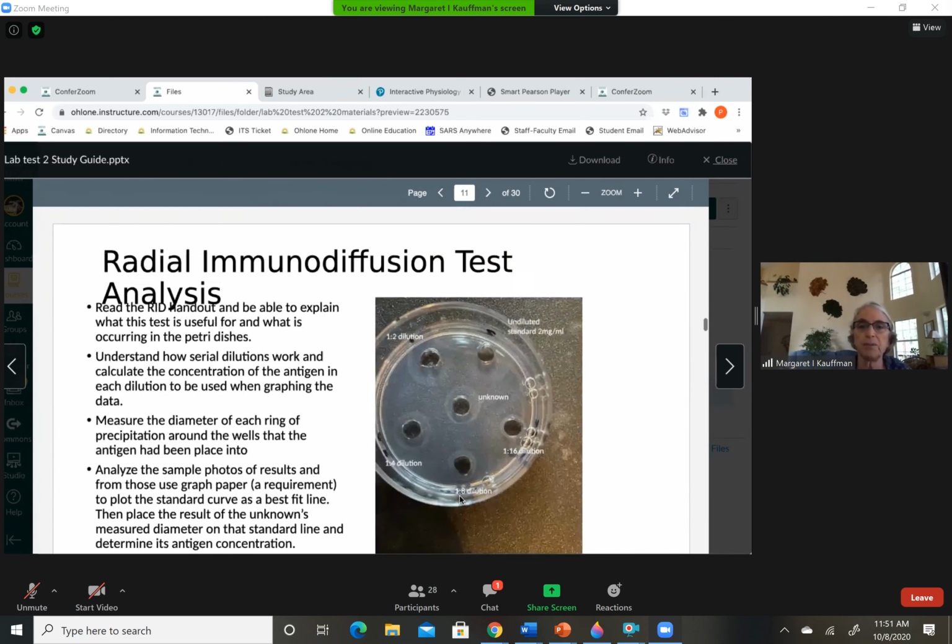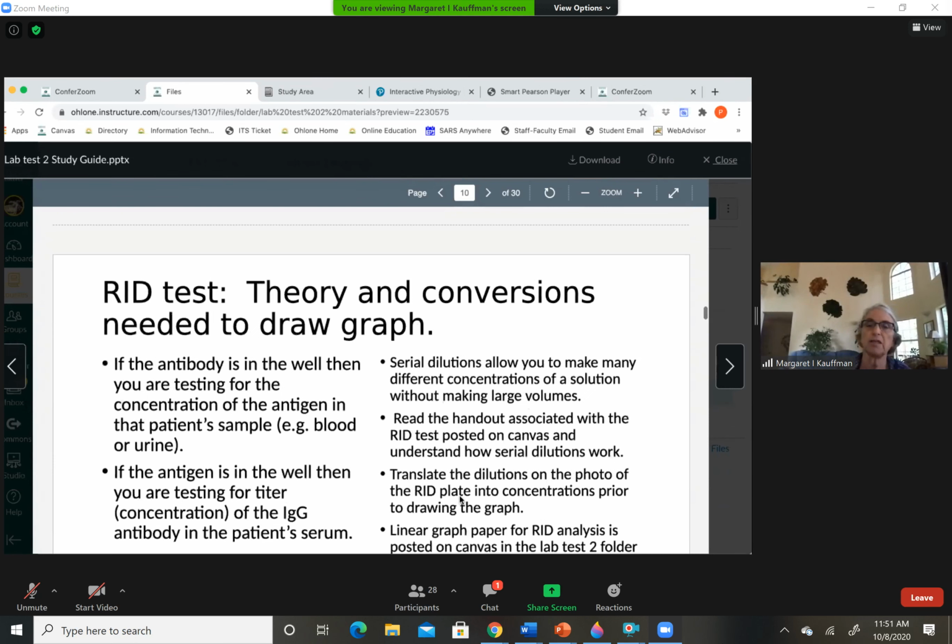Now, there's a lot of misunderstanding about how to go about doing this, so make sure you read the handout carefully. If there are questions about that, we can discuss them on Tuesday. Ideally read that handout before you get into lab, so you understand when I go through these slides, and have some questions if you don't understand how to do the analysis and calculate the concentration of the antigens.